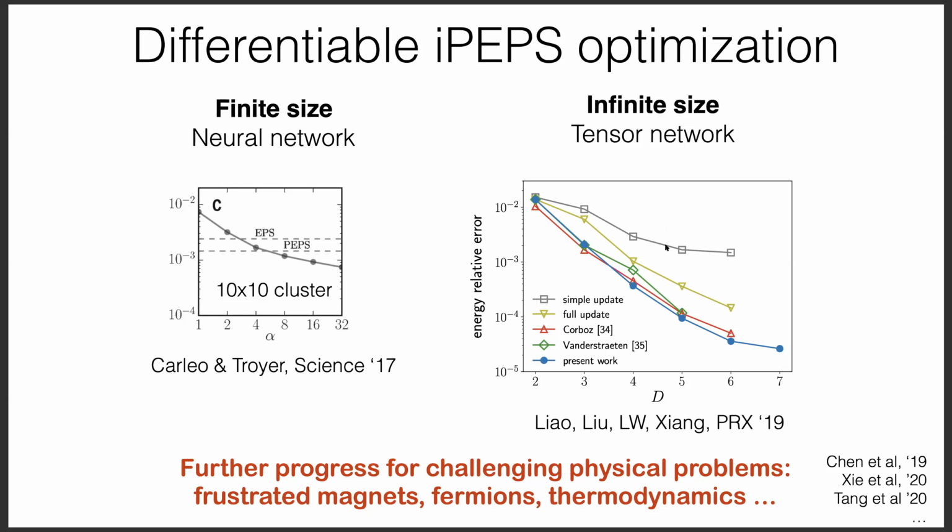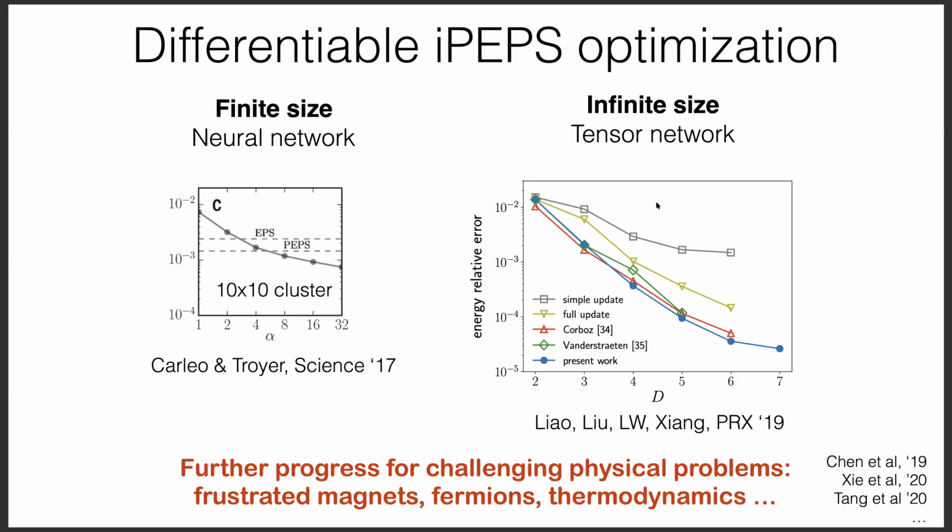So these are two almost orthogonal ways of applying machine learning ideas: the neural network architecture with traditional variational Monte Carlo optimization, and conventional tensor networks with the differentiable programming way of computing gradients and optimization.